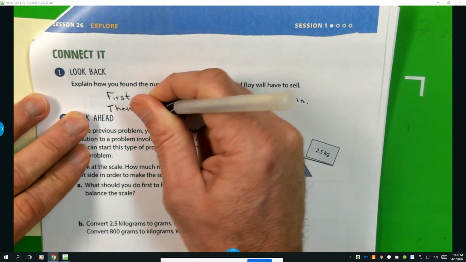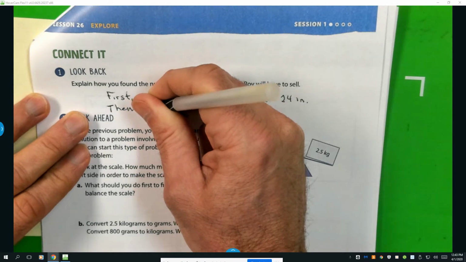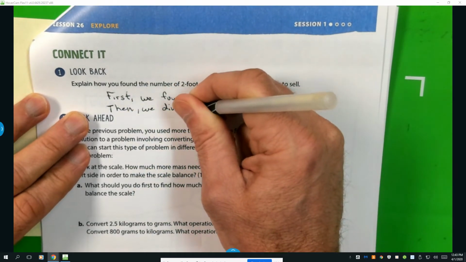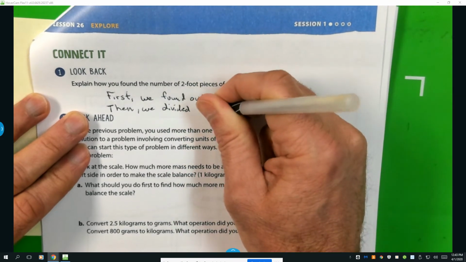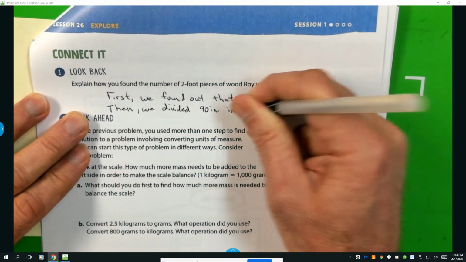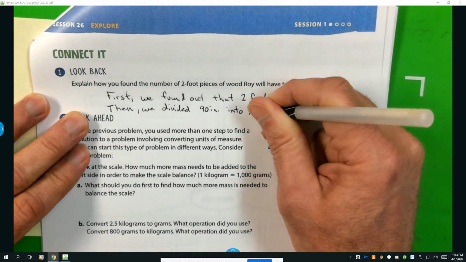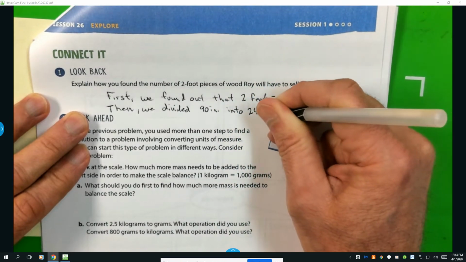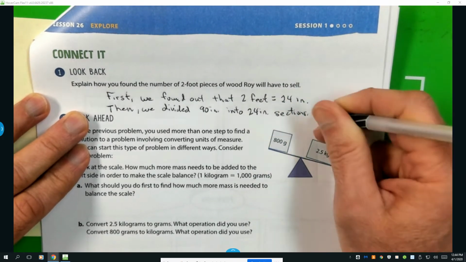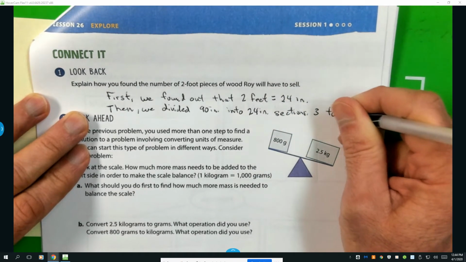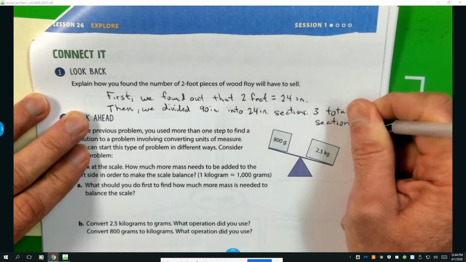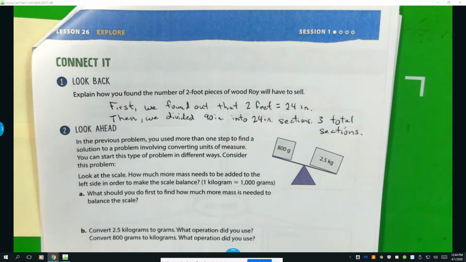Then we divided 90 inches into 24-inch sections. 3 total sections. All right.